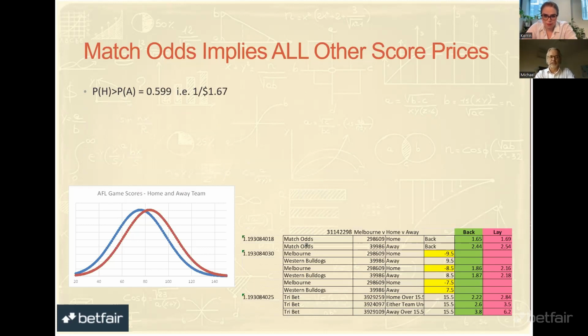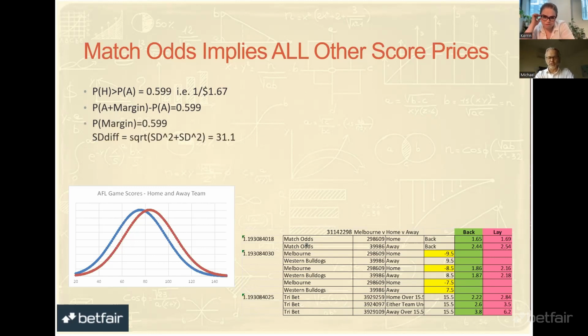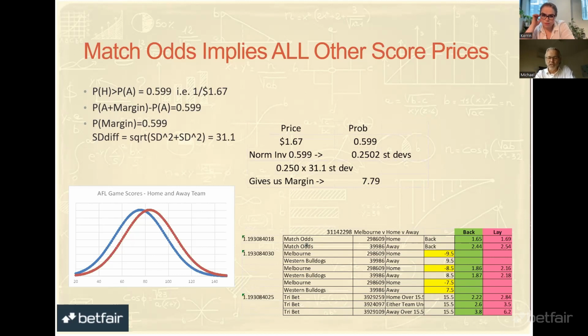Simple as that. In other words, the probability that the home team's score minus the away team's score is above zero equals that. I'll show these formulas to you later, but basically a simple calculation says that the margin will be 7.8 points. And if you look at the margin everyone was betting on, it was Melbourne minus about 8 points. So they're all linked.